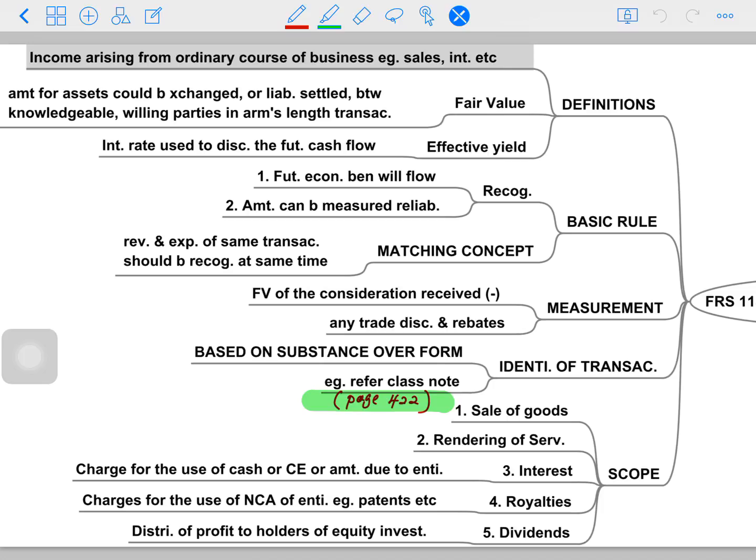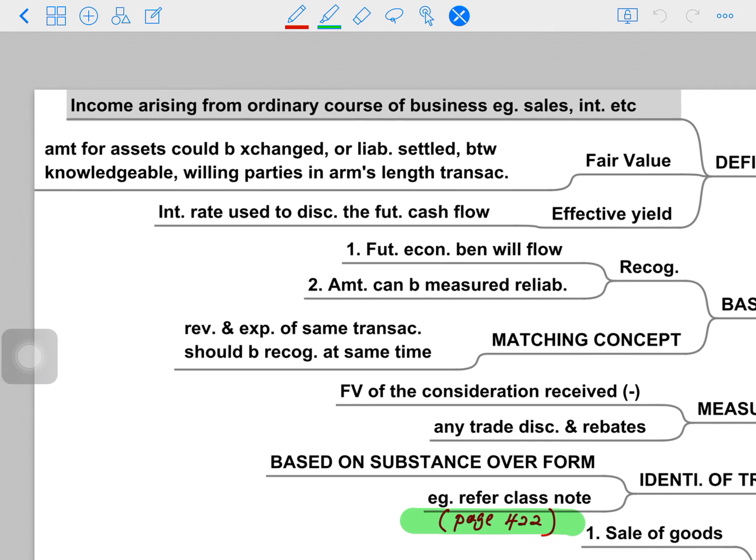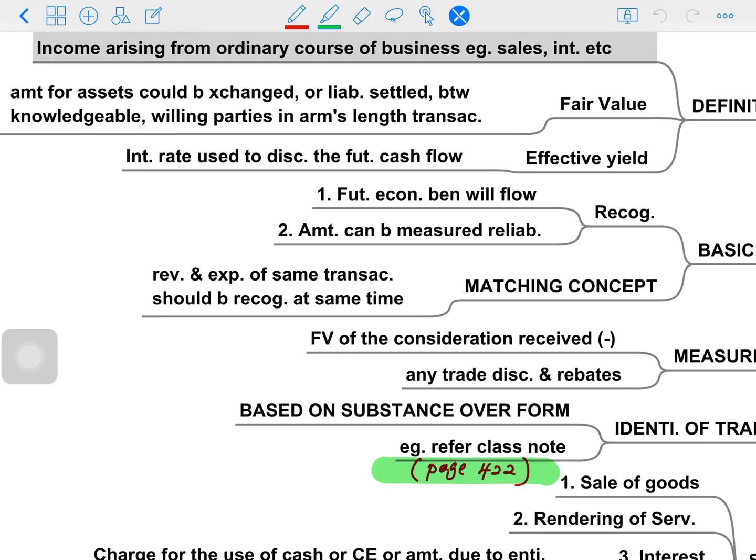It depends on what business type you are in. So with regard to definitions, we have fair value, because in this topic, terms such as fair value and effective yield come up in the discussion.